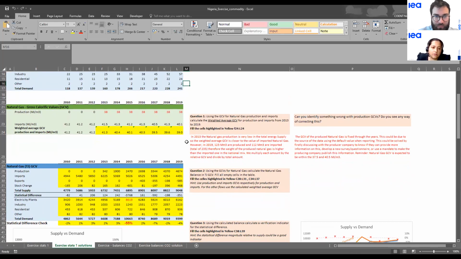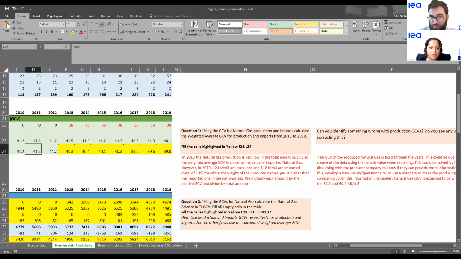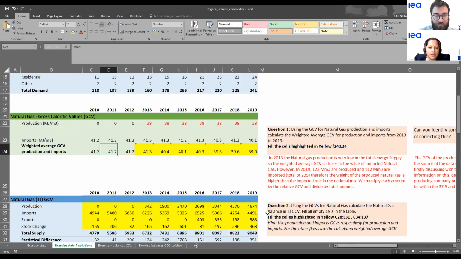So in the green table on your left side, you can see that you have the calorific value for production. And then you have also the calorific values for imports, and you have to calculate the weighted average for 2013 to 2019. And here, the way you calculate it is the formula that we have been talking about.